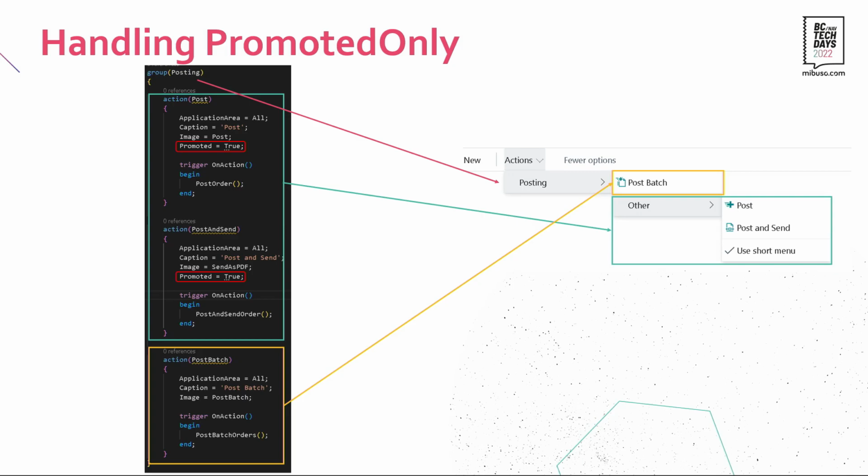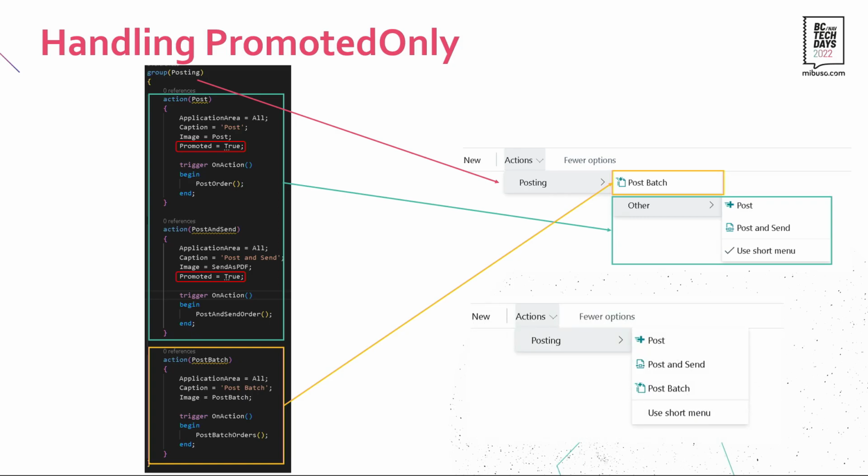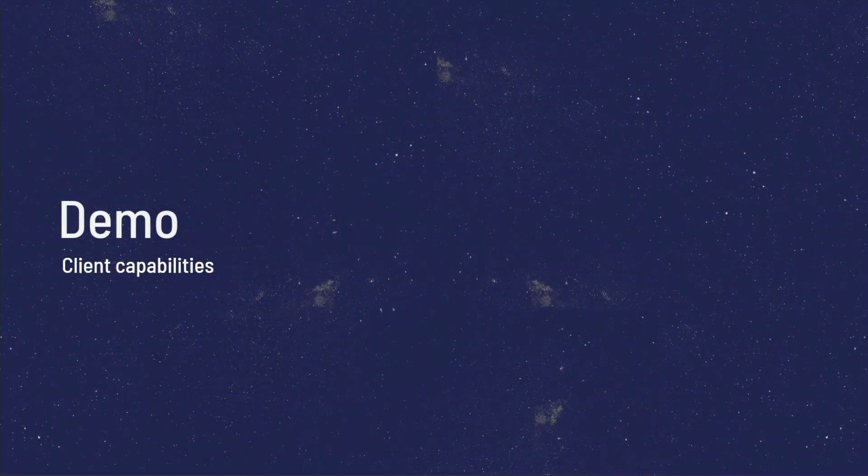So a user will need one extra click to get to those. This is a way for us to encourage users to focus more on the left-hand side. And here you can turn off the short menu if you don't like the Other group, so you can have a list of actions in the same group. I can show you some of this in the demo.